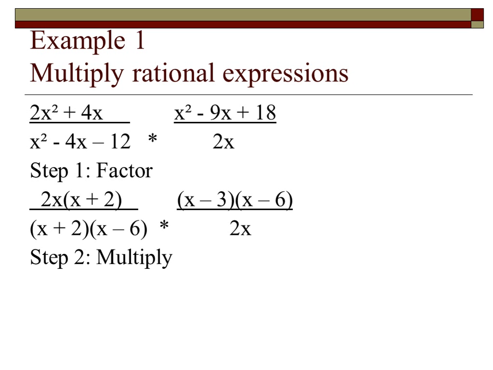Now this step says multiply. It's only trying to show you that because it says multiplication, we multiply numerator times numerator and denominator times denominator. That is essentially the rule for multiplying fractions. You just multiply the numerators together and you multiply the denominators together.